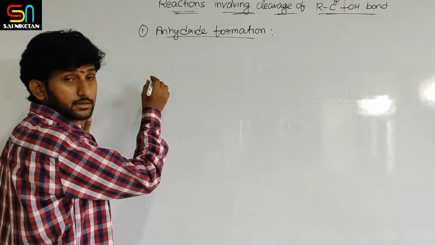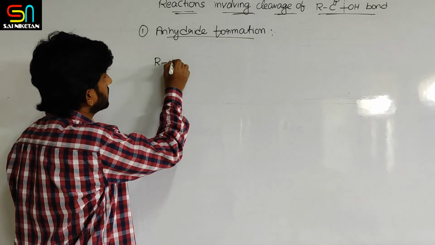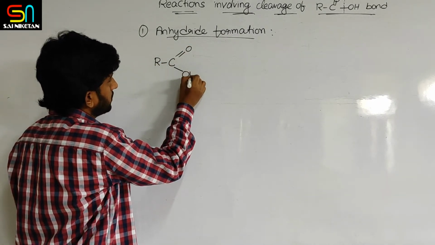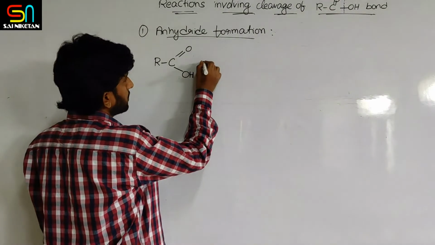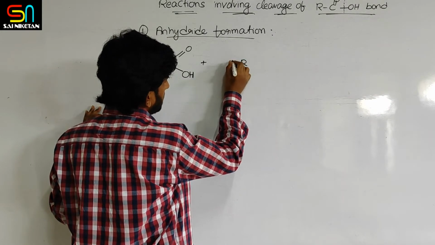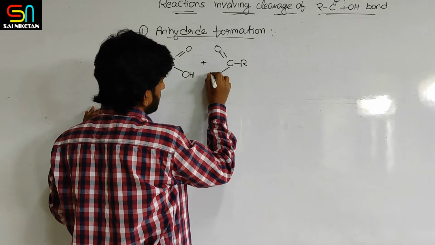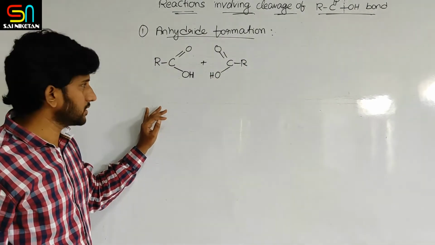That is R C double bond O OH plus R C double bond O OH, two molecules of acid taken.